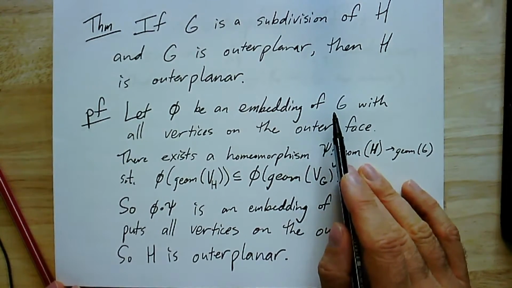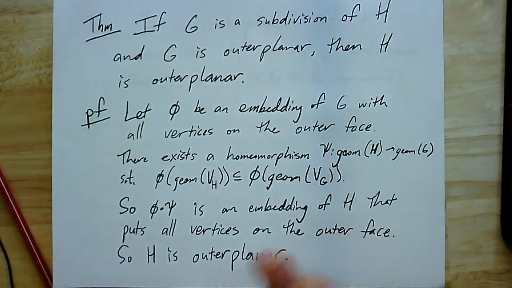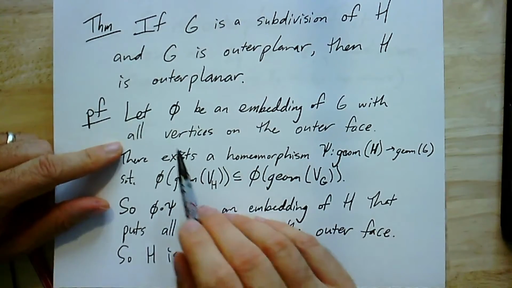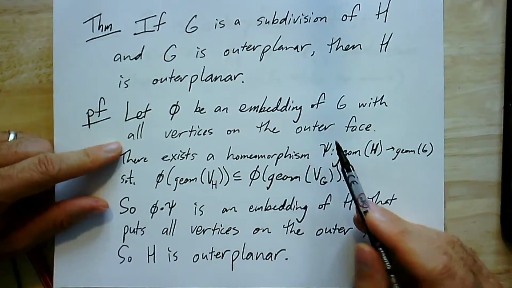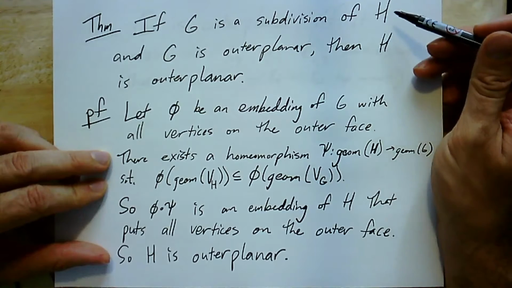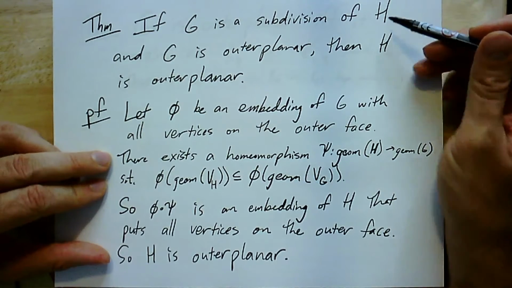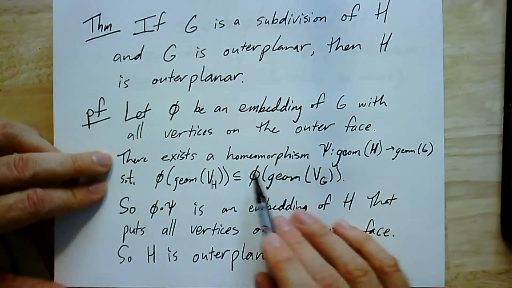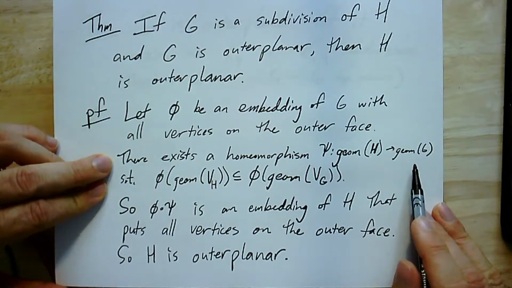Technically, right, it's a mapping from the geometric realization of G into the plane. And if it's an embedding that puts all the vertices on the outer face, then because I think we showed this, right, if you have a graph that's a subdivision of another graph, then their geometric realizations are homeomorphic.